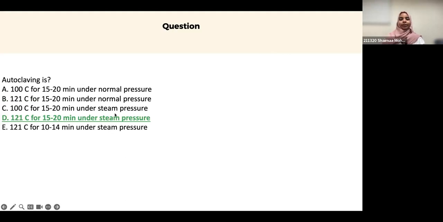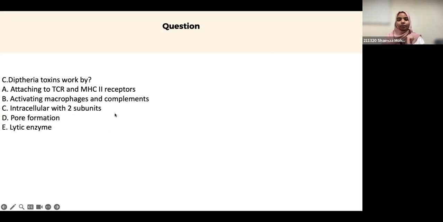Is this my last question or not? Okay. Diphtheria toxin works by, yes, intracellular action with two subunits, A and B. Which one binds and which one damages the cell? B binds. Not A binds. Remember that.